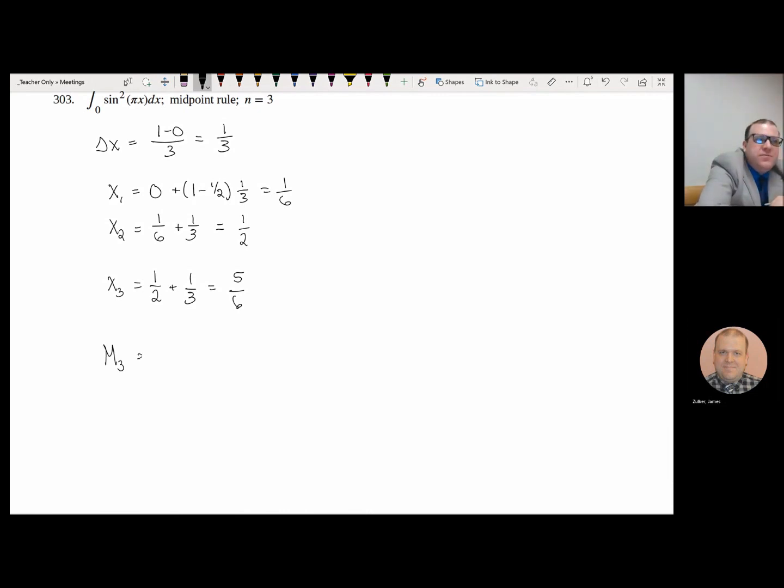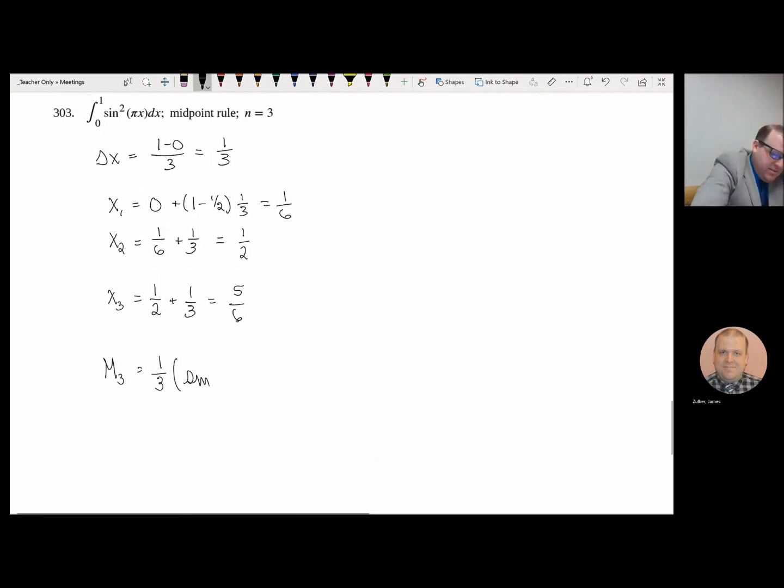M3 is delta x times f of x sub 1 plus f of x sub 2 plus f of x sub 3.